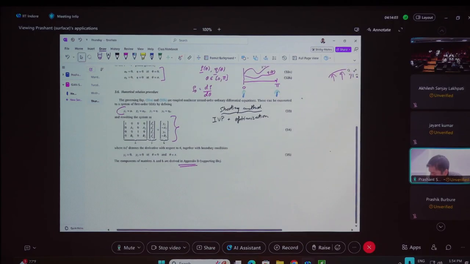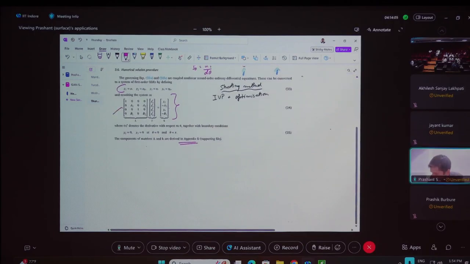So overall, when I look at this matrix equation, it's like a matrix A multiplied by a vector y prime equals another matrix B. So we've got a matrix equation like that, and we want to just integrate this to solve for y. So this is a form that a lot of ODE solvers love. So in MATLAB you've got some ODE solvers like ODE45, ODE15s.